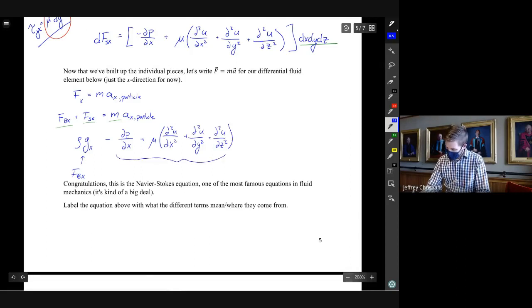So that whole big thing is the surface forces. So that's F equals M, just density, the easy one.